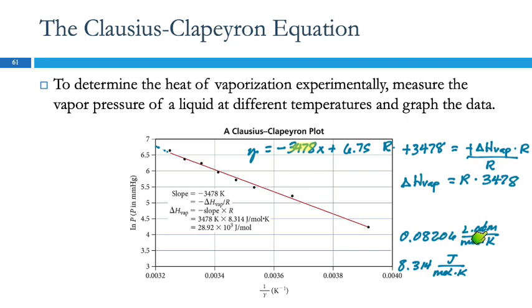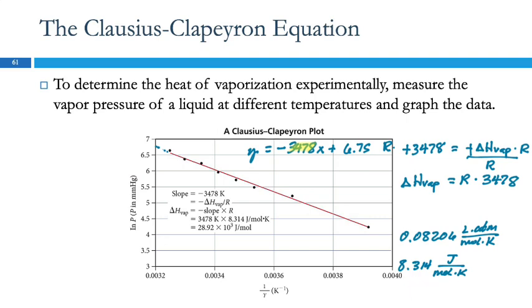This has liters and atmospheres in the units. This one has joules in the units. There is a relationship between joules and liter atmospheres. Liter atmosphere is an energy unit, but it's not a unit that we use when we're talking about energy. So this is the constant that we're going to use.